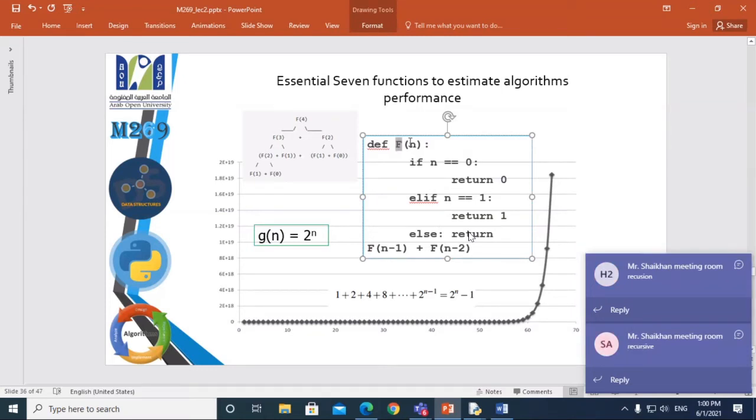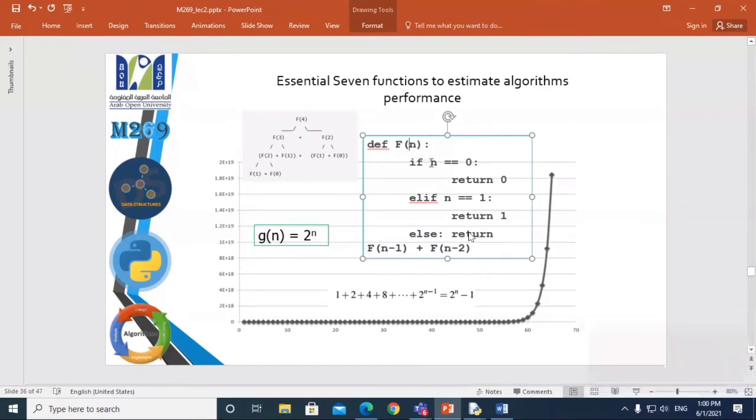So you have a value, any value, I don't care. If n equals 0, return 0 and we're done, goodbye. Else, if n equals 1, return 1, exit, goodbye. Else, return f(n minus 1) plus f(n minus 2), so it will call itself again.